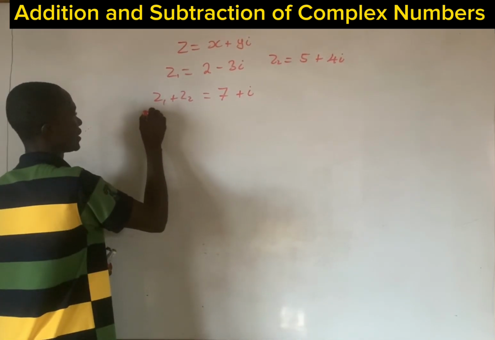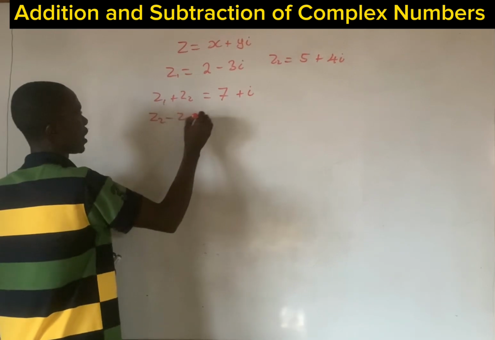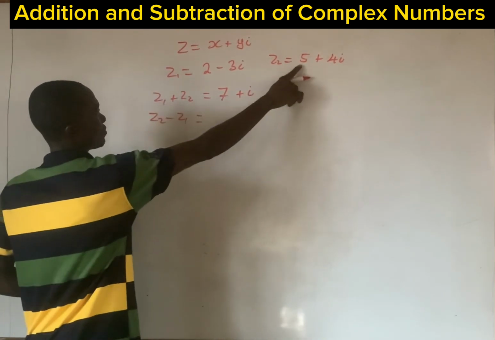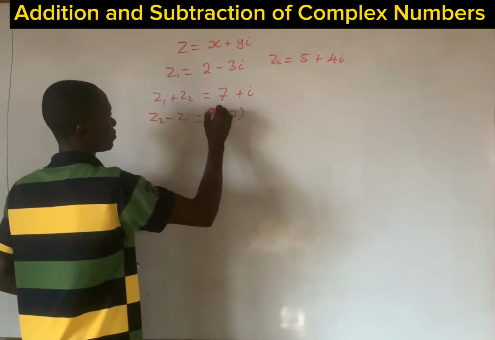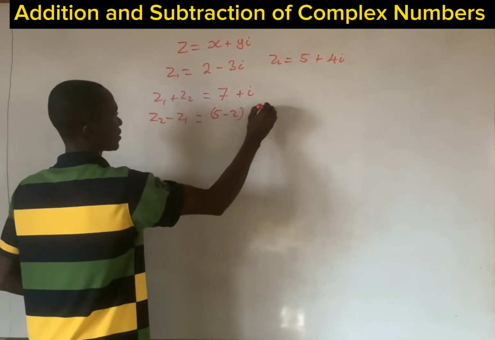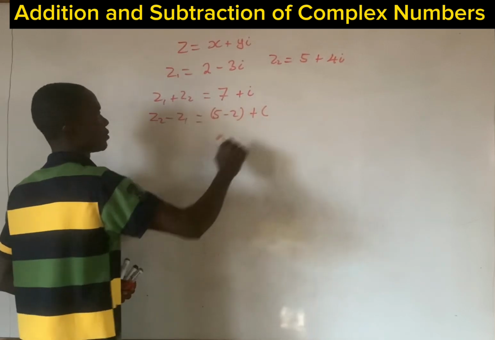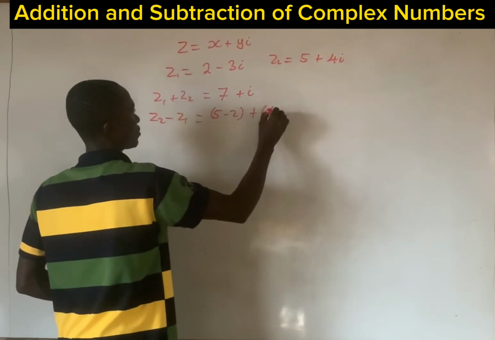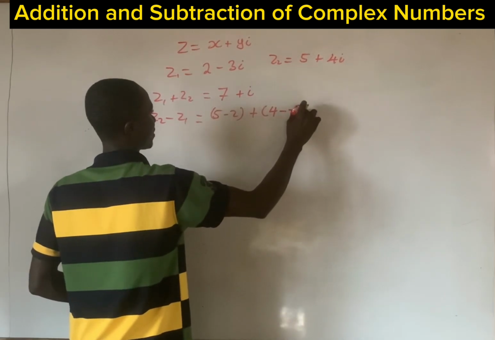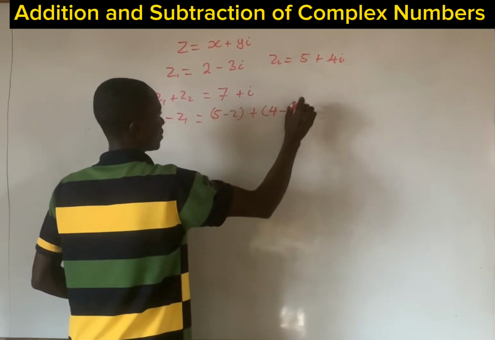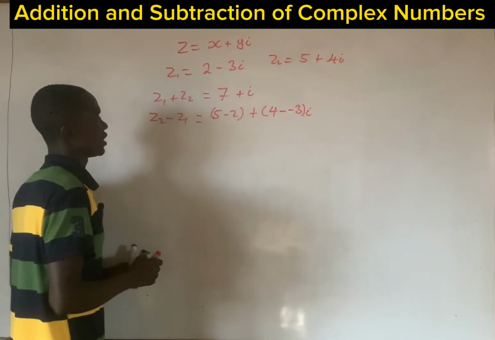And then if I take z2 minus z1, then I have 5 minus 2. That gives the real part, plus 4 minus 3i. Factorize the i out in a very simple way.